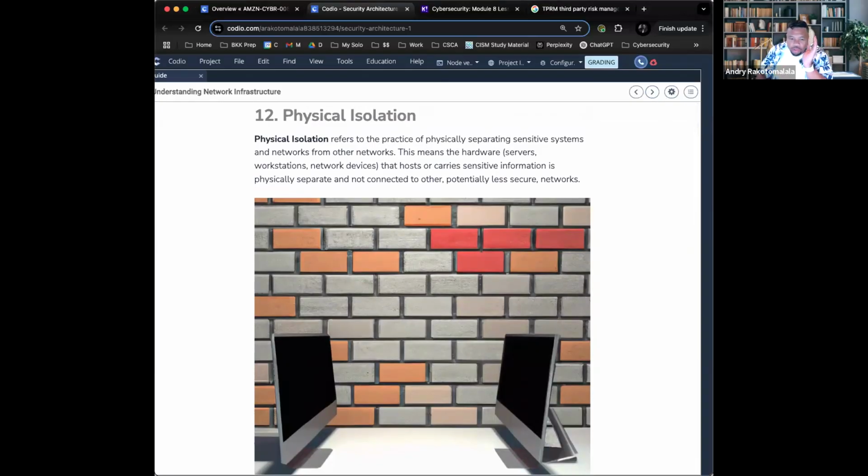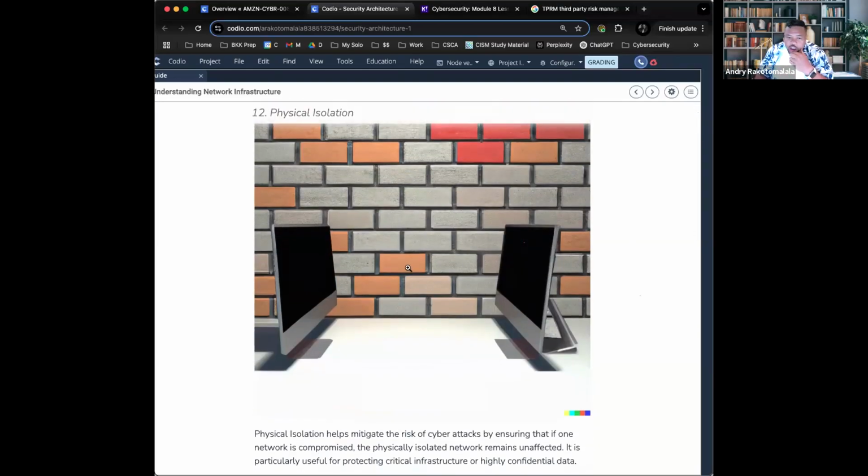You're physically separating two specific devices, meaning that they're completely separate. They don't share any cables, Wi-Fi, or internet. That means that they can't fully be connected to each other, okay? Sometimes when you hear the term physical isolation, that can also be defined as air-gapped, meaning there is a gap between the two devices and they cannot connect to each other.